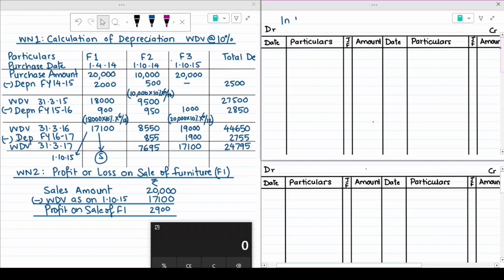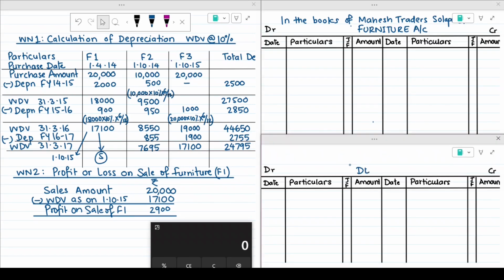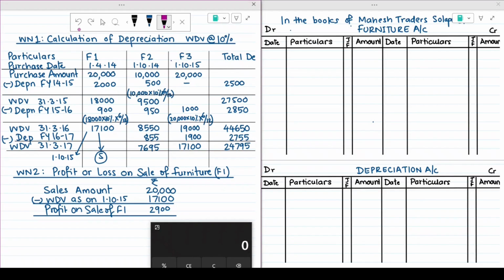In the books of Mahesh Traders, Solapur, furniture account and depreciation account. In financial year 14-15, 2 furnitures were purchased, furniture 1 and furniture 2, right?